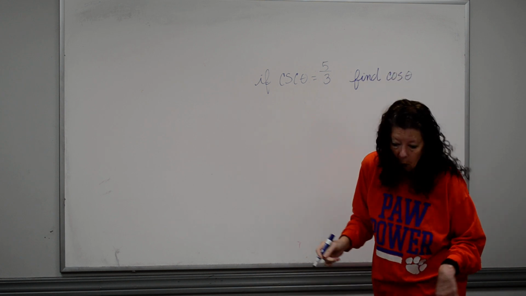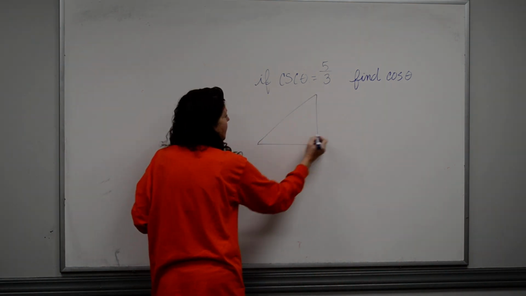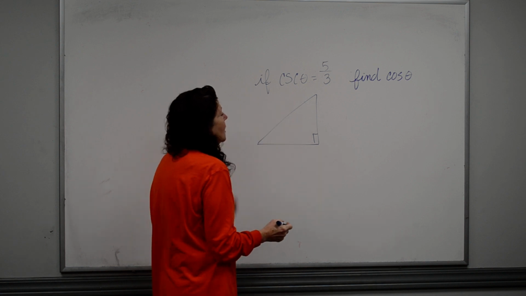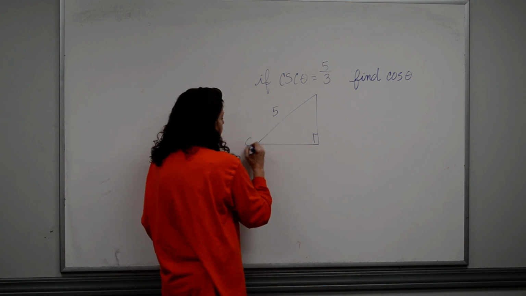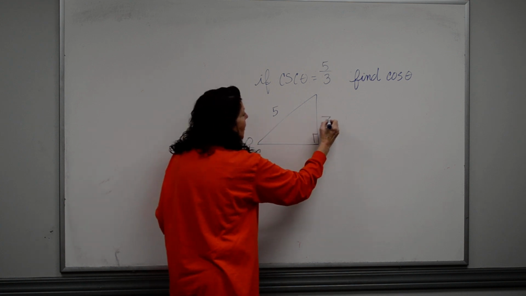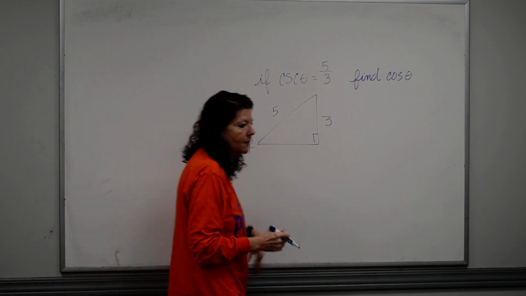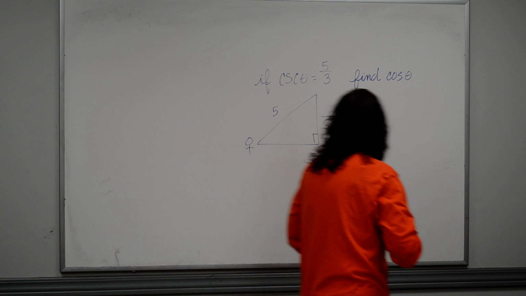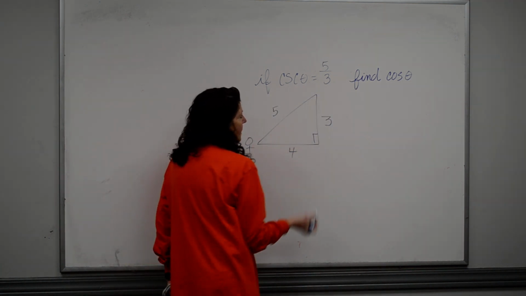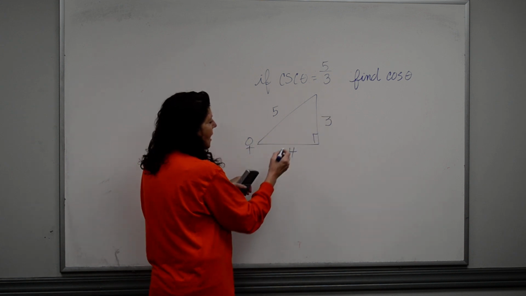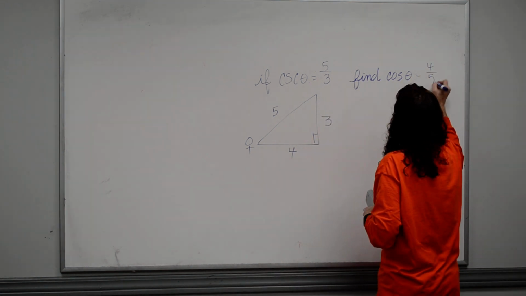Now, you can use just your basic trig functions to do these, or you could use identities. But the cosecant is the inverse of the sine. So it is hypotenuse over opposite. Then I would use the Pythagorean theorem to find the third side. So I've got 25 minus 9, which is going to give me 16. So that's going to be a 4. If I'm trying to find the cosine, cosine is adjacent over hypotenuse, so it's 4/5.